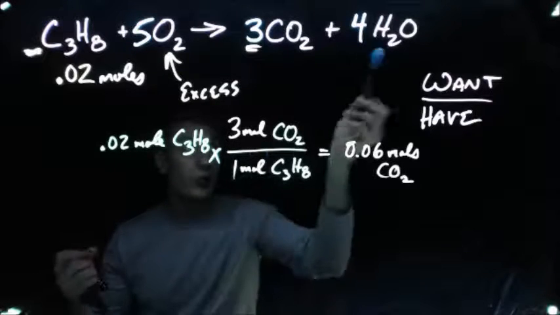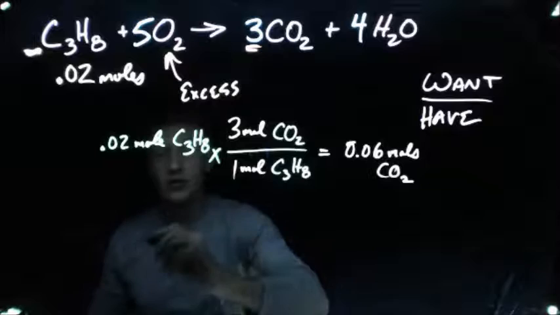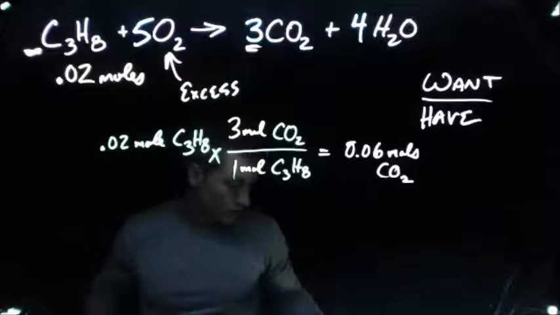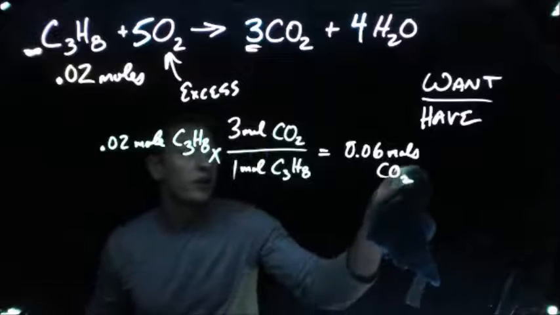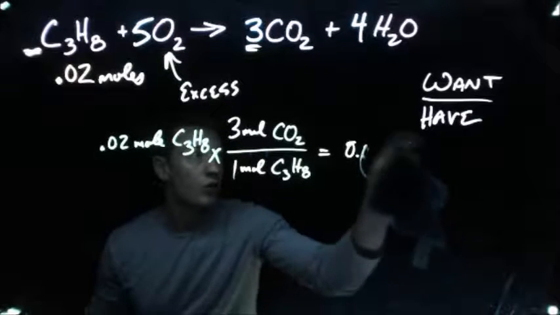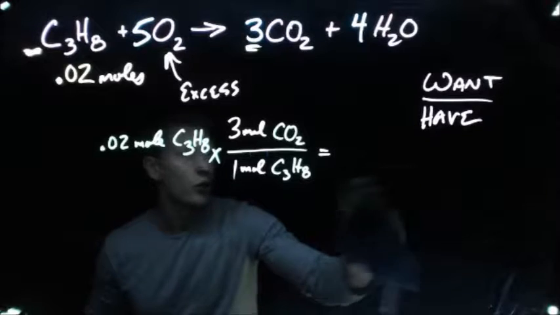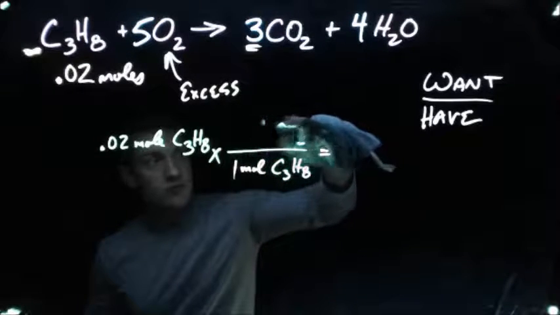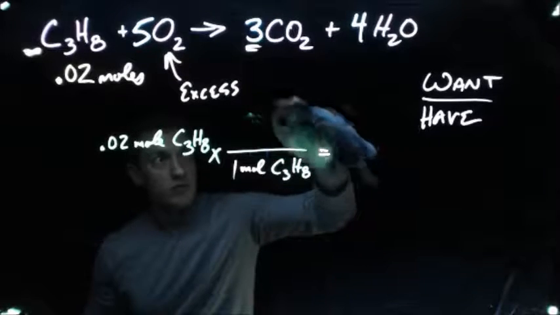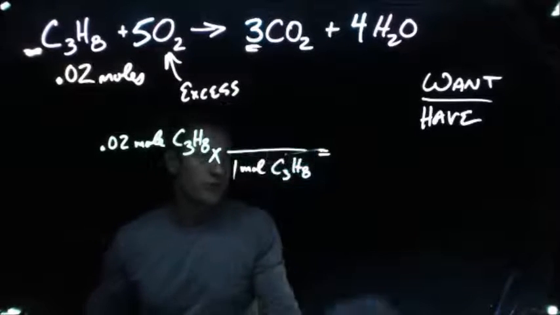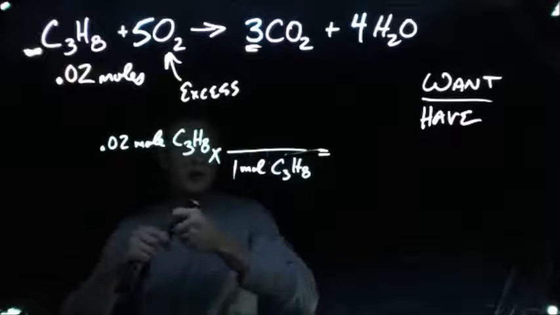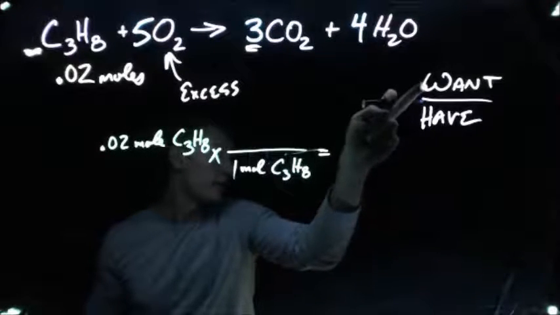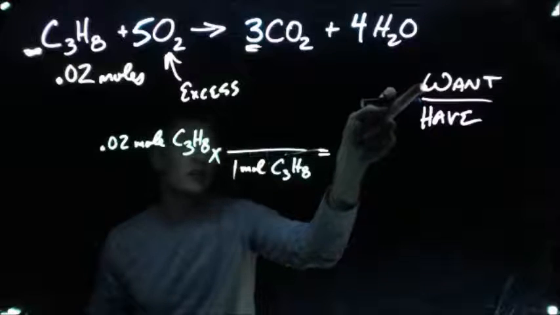Same story with the waters, except this time the mole ratio is going to be different. So now the thing that I want is not carbon dioxide, it is water.